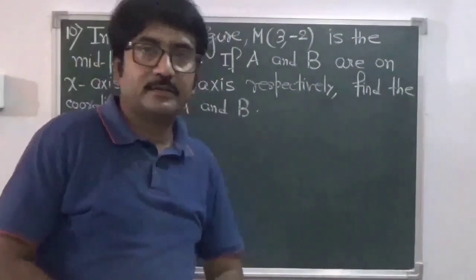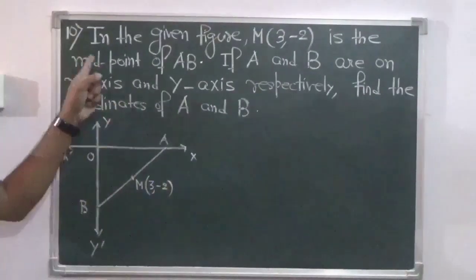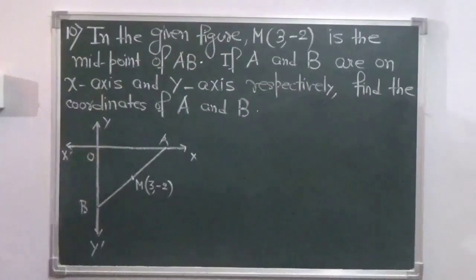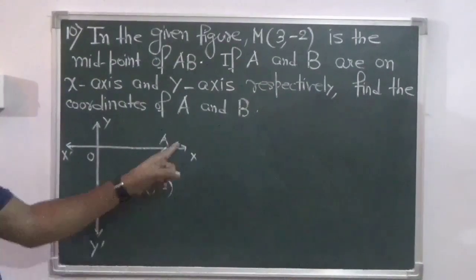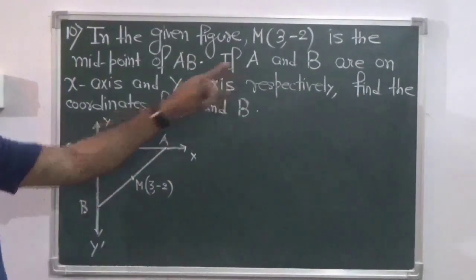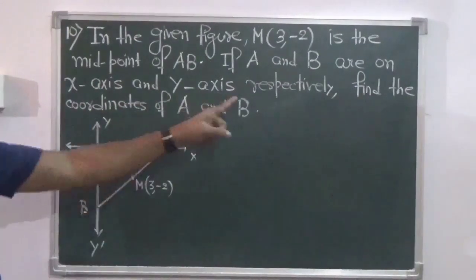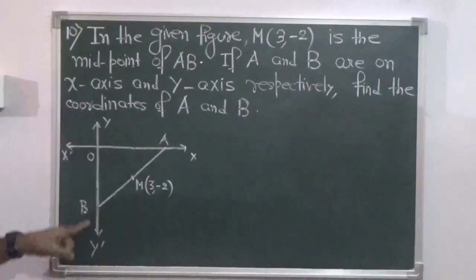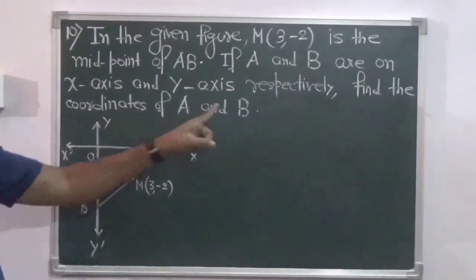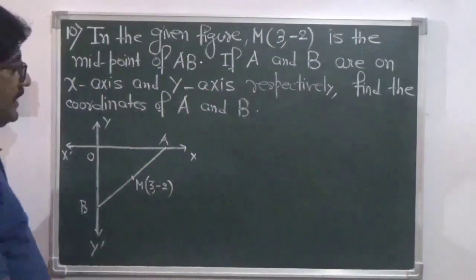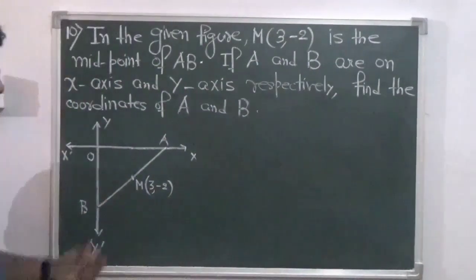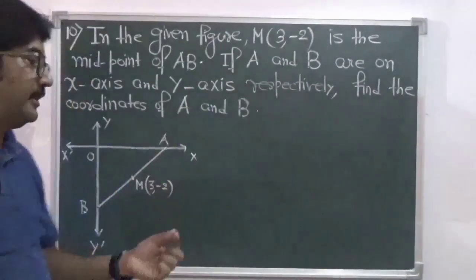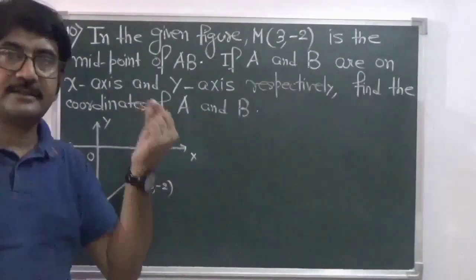Now let us look at question number 10. In the given figure, M (3, -2) is the midpoint of AB. Here M is the midpoint of AB. If A and B are on the x-axis and y-axis respectively, so the point A is on the x-axis and the point B is on the y-axis, find the coordinates of A and B. Similar to what we have done previously, any point on the x-axis can be taken as (x, 0), as we know that the value of y on the x-axis is 0.